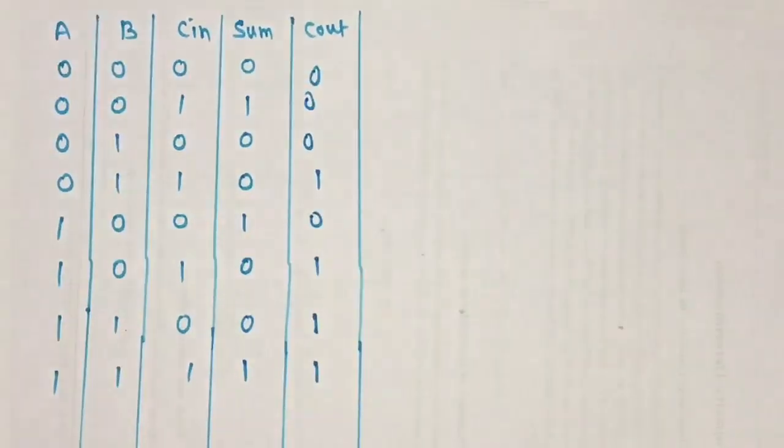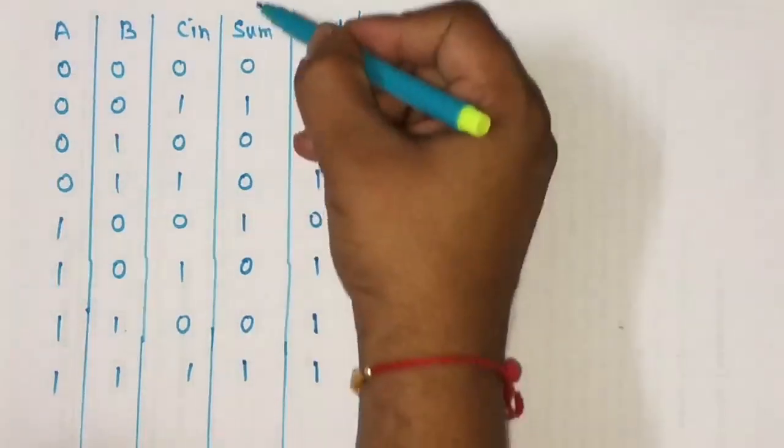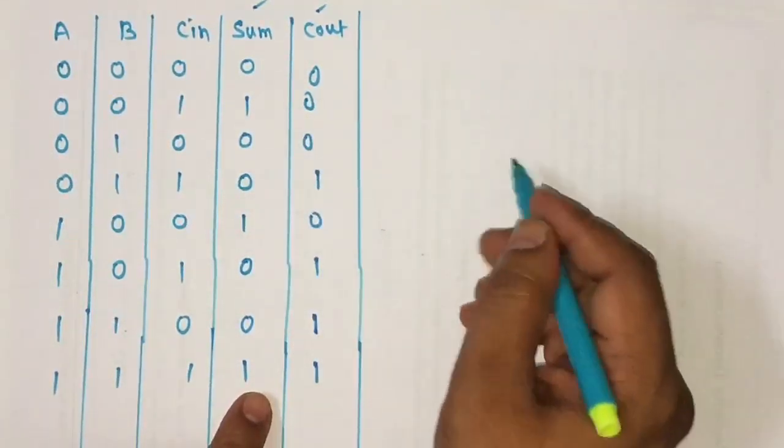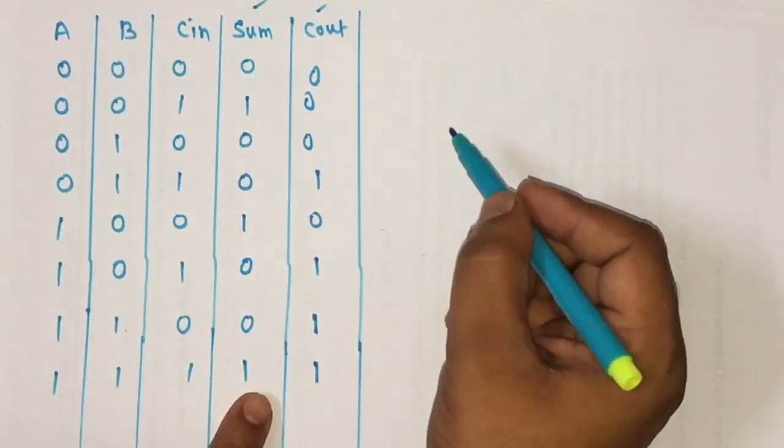Now we have to design this adder circuit using logic gates. For that purpose we have to find the equation for sum and the equation for carry. You can use any method to find the equation, but it is suitable to use the K-map. So I will draw the K-map here.